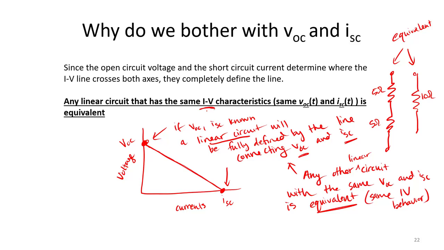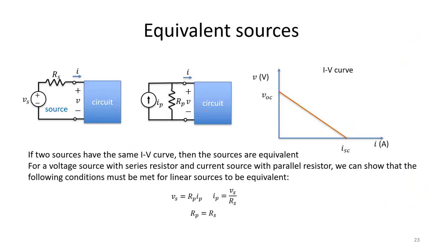So this can apply both to electrical components as well as whole circuits with sources. All right, so let's go ahead and return now to equivalent sources. Just as we said, if we have two sources and they have the same IV behavior, then the sources must also be equivalent.